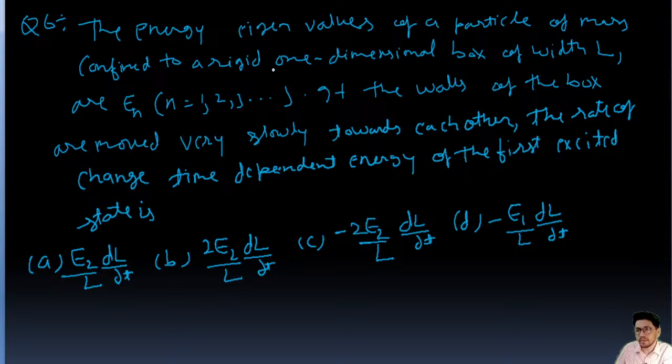If the walls of the box are moved very slowly towards each other, the rate of change of time dependent energy of the first excited state you need to find out. Okay, so very simple question.